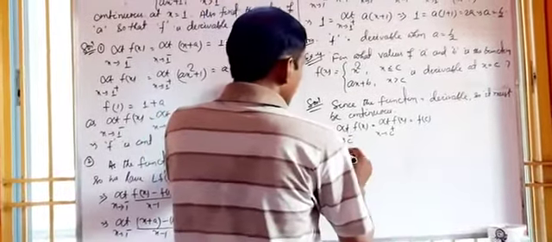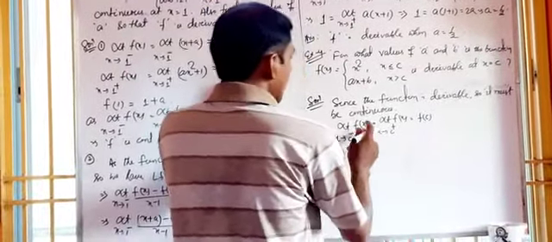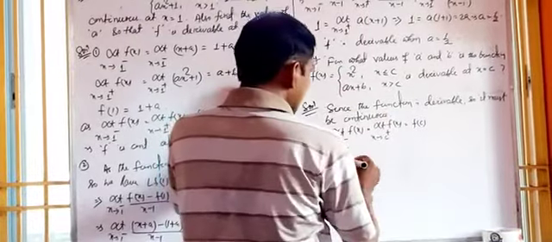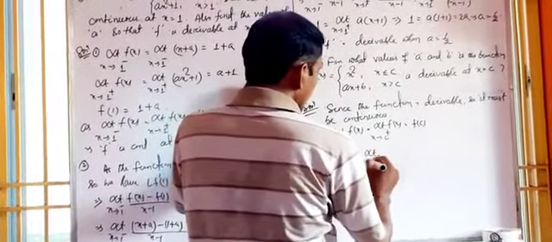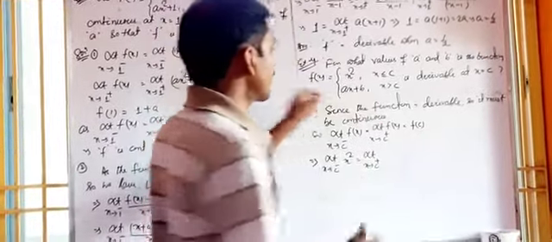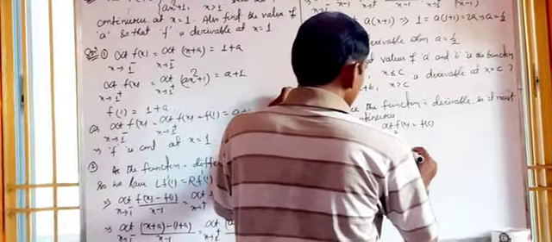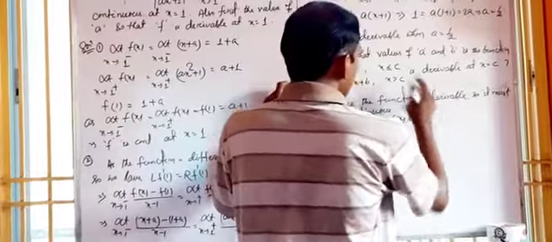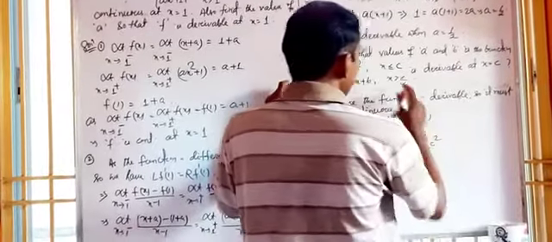Now limit x tends to c minus, what is f of x when it is less than c? It is x square, equal to limit x tends to c plus, where the value is ax plus b, and that equals f of c, which is c square.